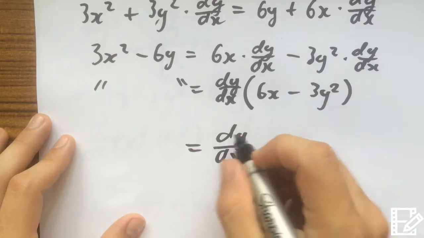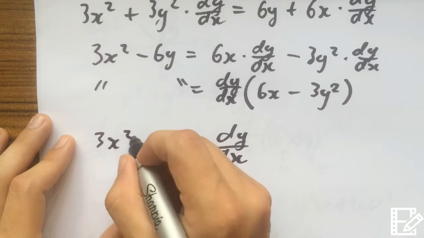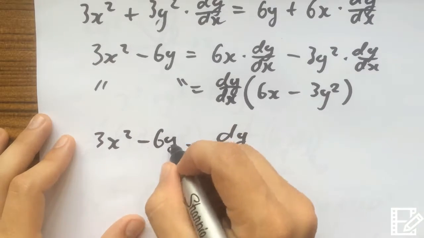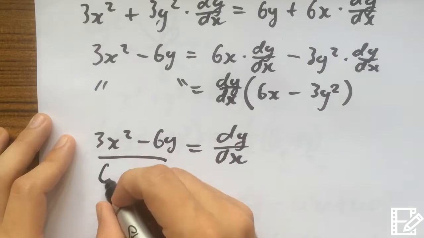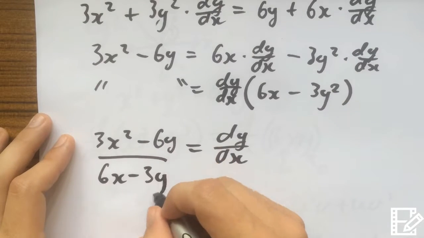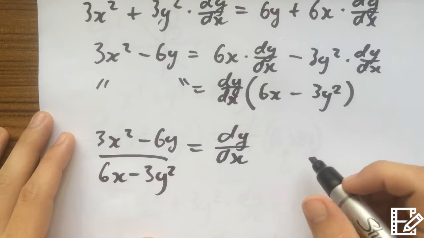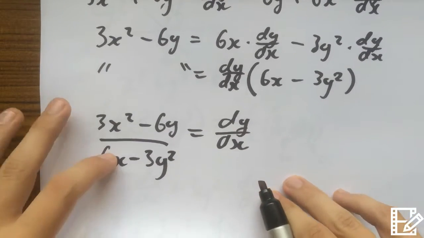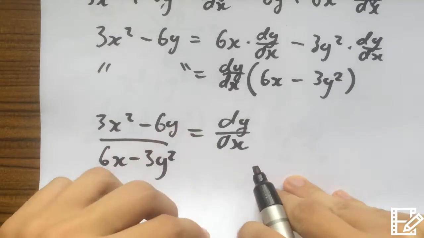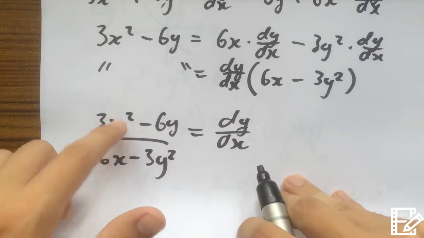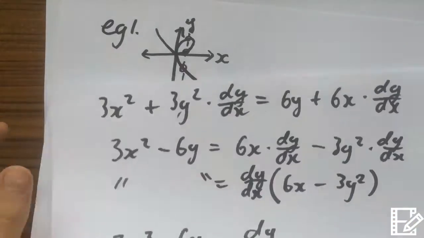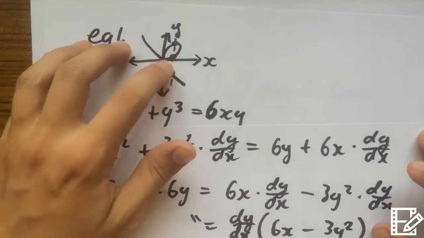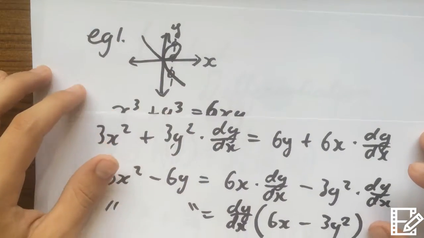And dy dx will be on its own. And I'll have 3x squared minus 6y divided by 6x minus 3y squared. Okay, and that there is what, if you have the y and the x values, you can find the slope at any point on this.